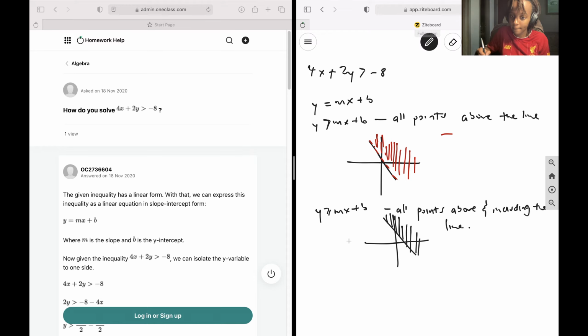When we have y is less than mx plus b, it would be similar to the first one.